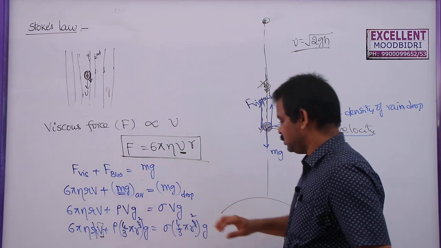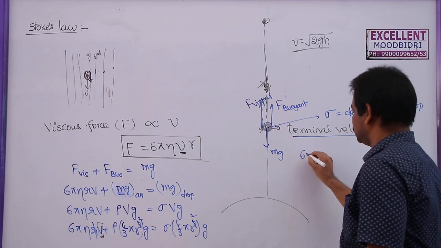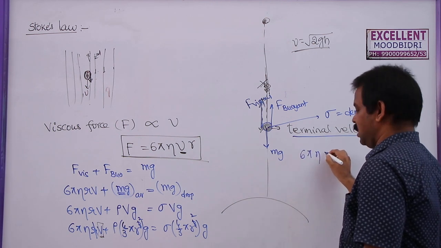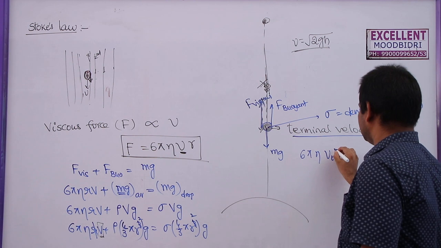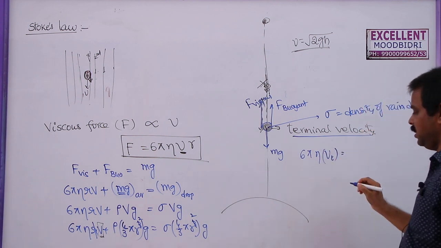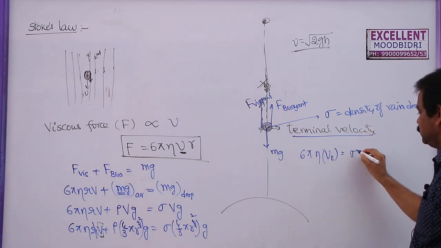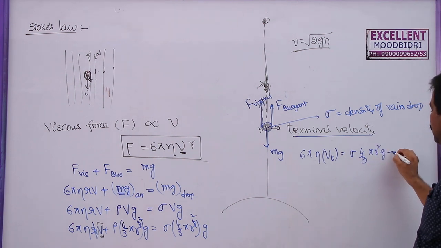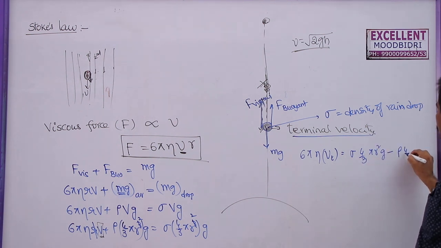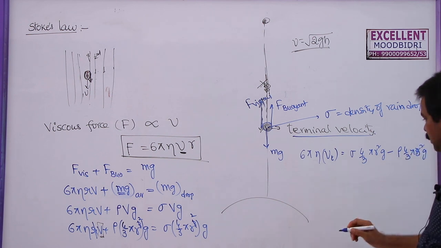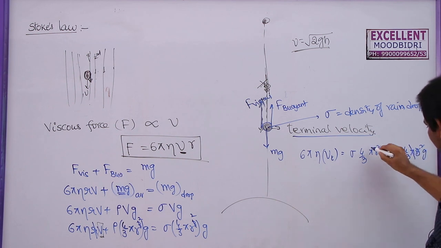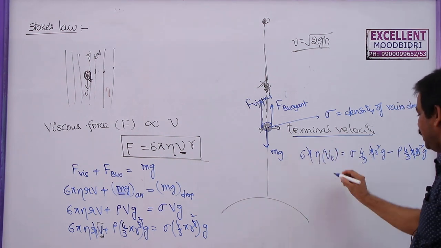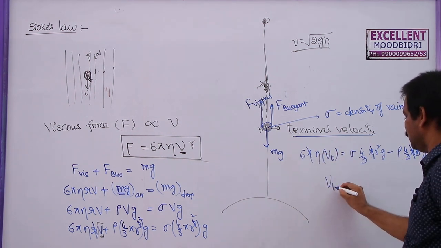So bring this term this side, you will get 6 pi eta V, terminal velocity. This is the terminal velocity of this raindrop, which is given by sigma 4 by 3 pi r square G minus rho 4 by 3 pi r square G. You can cancel this pi here. I need only Vt, that is terminal velocity.